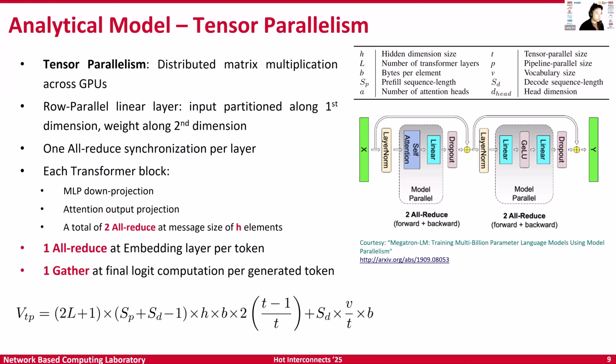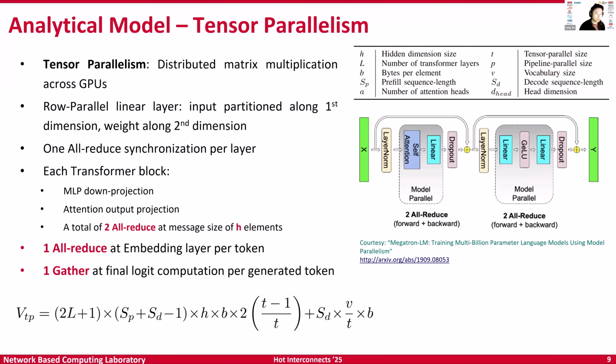For the first part, we have an additional all-reduce at the embedding layer per token, and then we'll have two all-reduces per transformer block, multiplied by the total sequence length: the prefill sequence length plus the decode length minus 1, because we're already spitting out one token after the prefill stage.